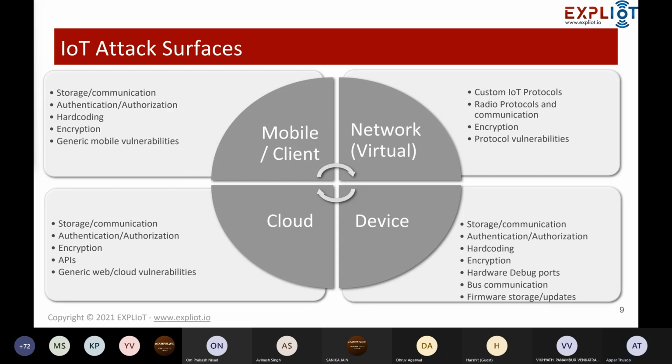picture. When talking about network, you have different custom IoT protocols, your MQTT, CoAP, AMQP, XMPP, UPnP. So there's a wide set and a huge list of IoT protocols that all the vendors are implementing. Some of the vendors have their own custom protocols as well, which is kind of funny because we have observed that a lot of these custom protocols tend to be insecure by design.